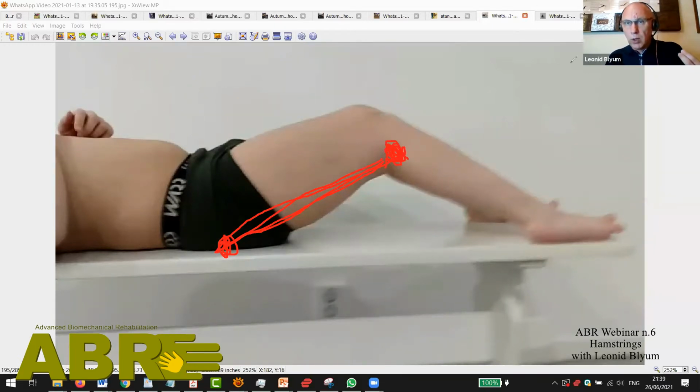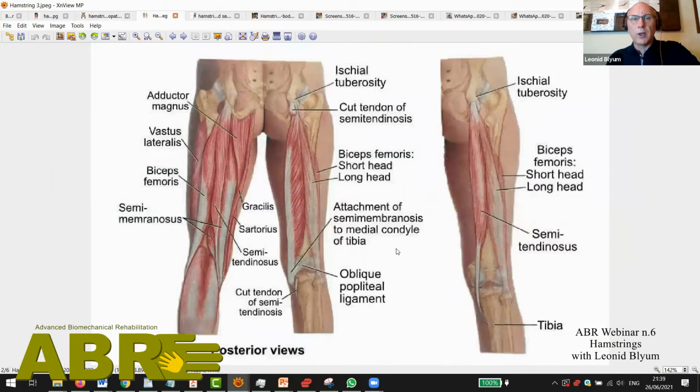So you see, if we look at the map, if we look at the anatomy, what are we going to see? We are going to see these basics, right? So what do you see? Three parts. This part is the pelvis, right? The ischial tuberosity belongs to the pelvis.